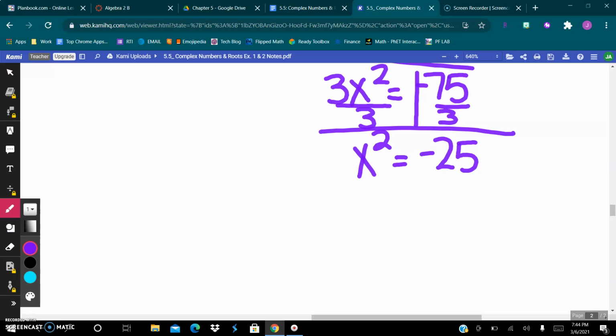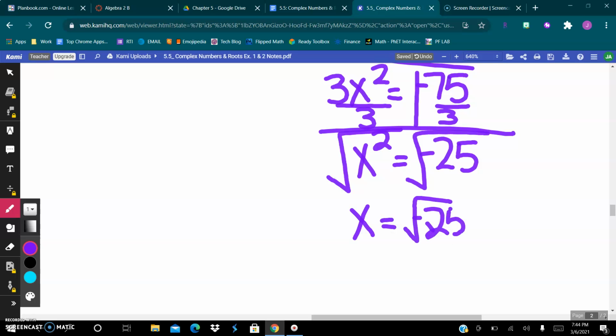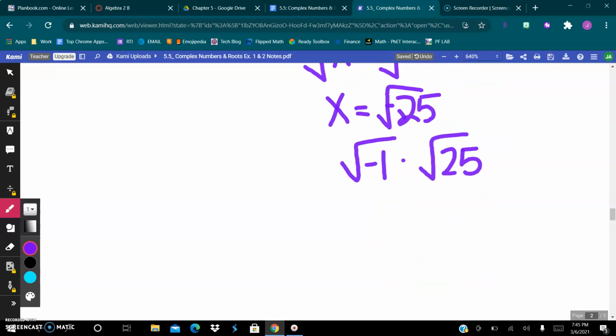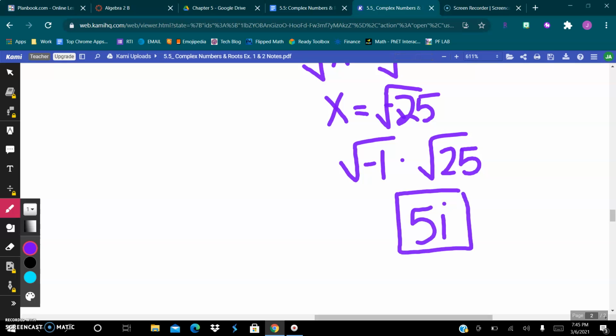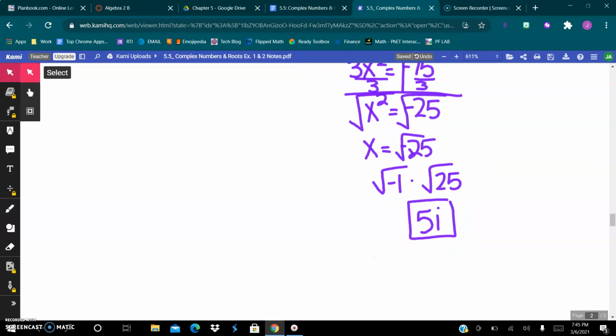And then we need to cancel out that squared, so we're going to take square root of both sides. So we have x equals the square root of negative 25. The negative sign is like a negative 1, so square root of negative 1. And then we have the square root of 25. Square root of 25 is 5, and the square root of negative 1 is i. So our answer is 5i for that one.